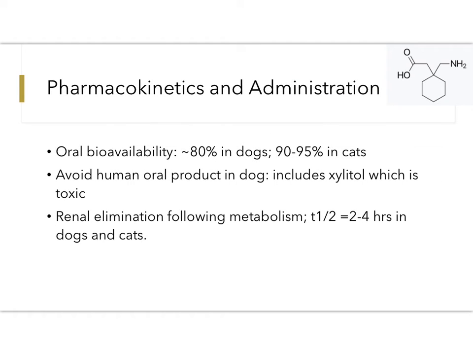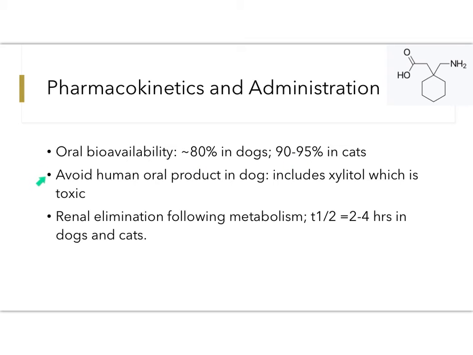Just a little bit about the pharmacokinetics and how we administer the drug, because there's an important caution here. First of all, it's very well absorbed in the dog and even better in the cat: 80% in the dog, 90-95% in the cat.